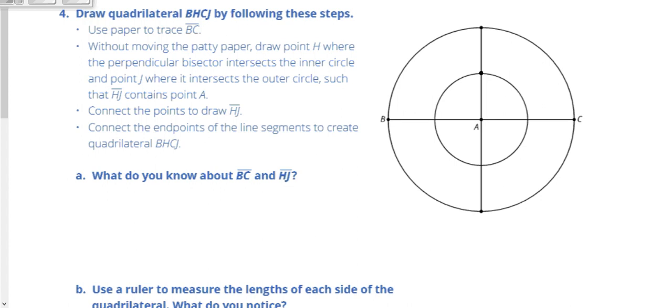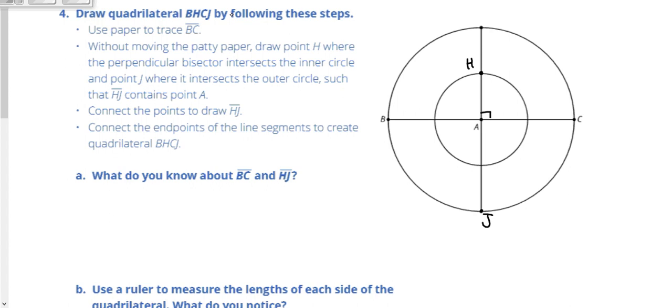So we're just going to label this part H right there on the inner circle, and this part right here J, where that perpendicular bisector cuts BC. Point J is where it intersects the outer circle, and point H is where it intersects the inner circle.